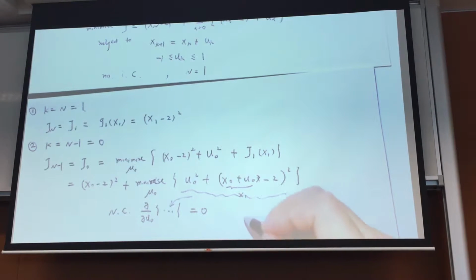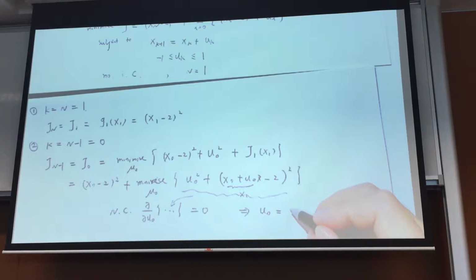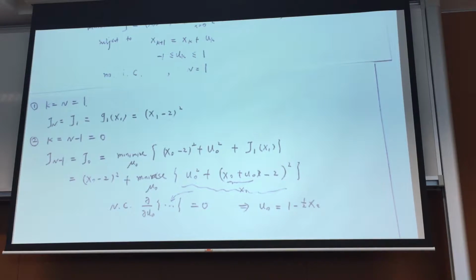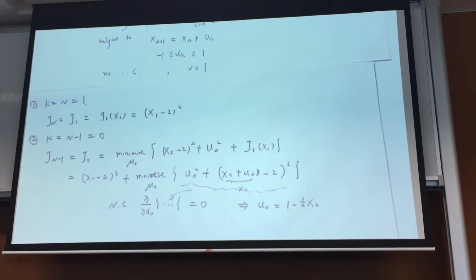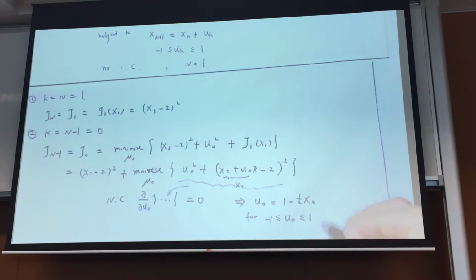If you solve this, you will get u0 equal to 1 minus half x0. But remember, we have the actuator constraint, so u0 star is equal to 1 minus half x0 only when u0 is between minus 1 and 1.